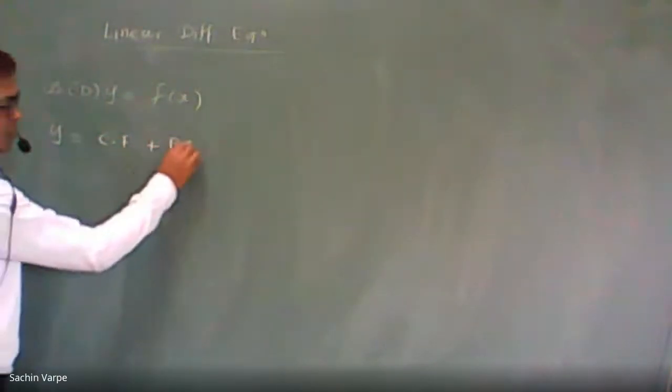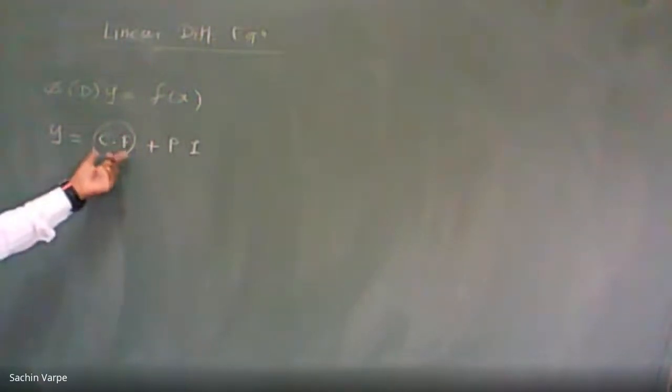The solution of this linear differential equation with constant coefficient is called the general solution or complete solution, and that is of the form y is equal to function of x, a combination of two sub-solutions, that is complementary function plus particular integral.